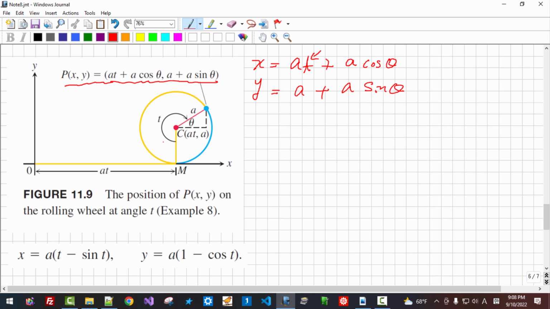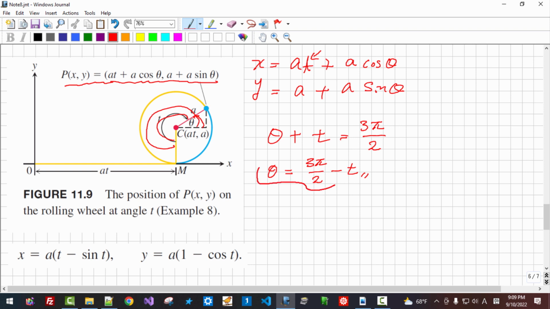Please read this diagram very carefully. This is angle theta plus this is t. Theta plus t sweeps 3 pi over 2. Theta equals 3 pi over 2 minus t.